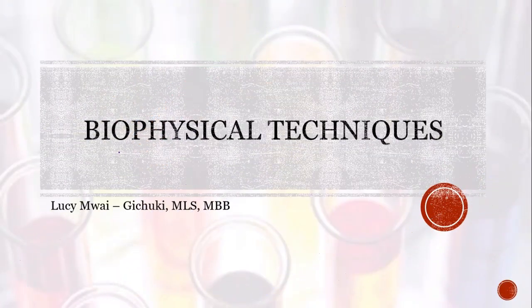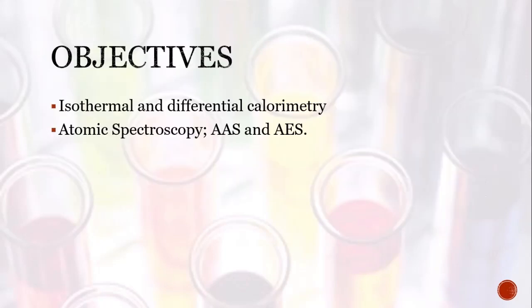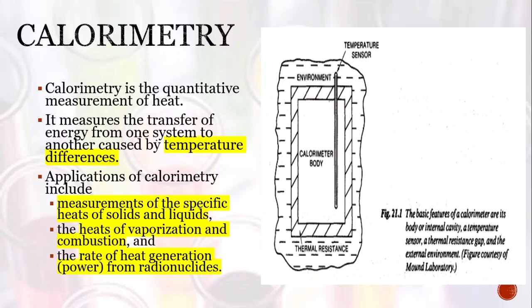So in the series of biophysical techniques, we will be looking at these two techniques, isothermal and differential calorimetry and atomic spectroscopy. So calorimetry is a quantitative measurement of heat, and it measures the transfer of energy from one system to another system that has been caused by temperature differences.